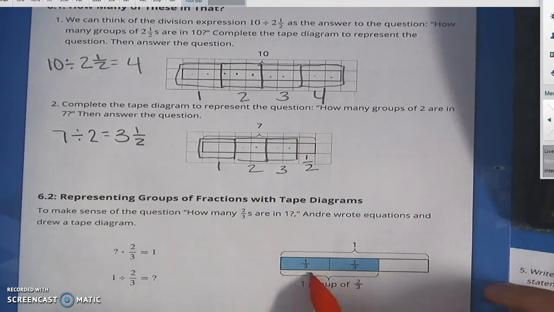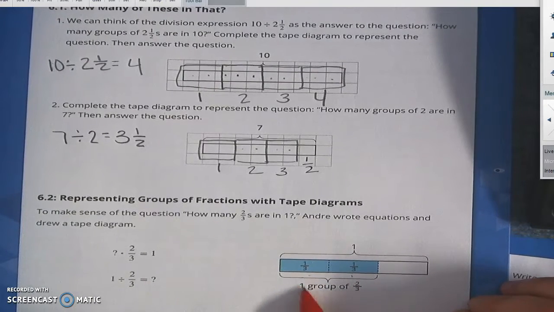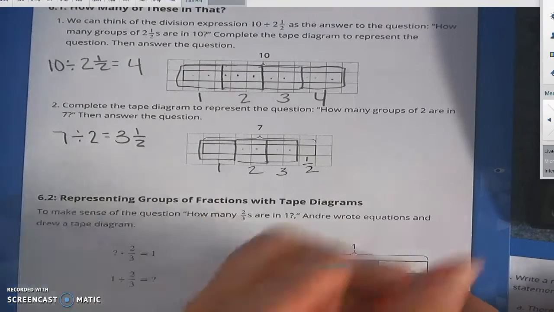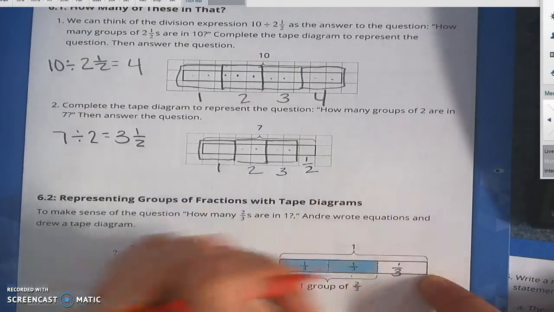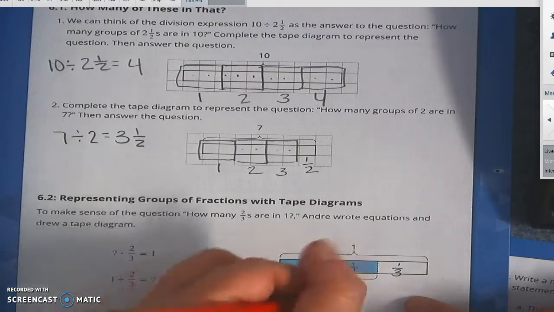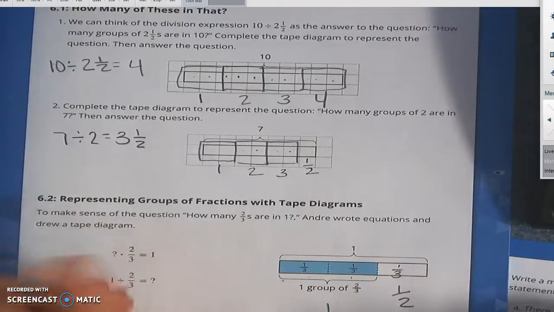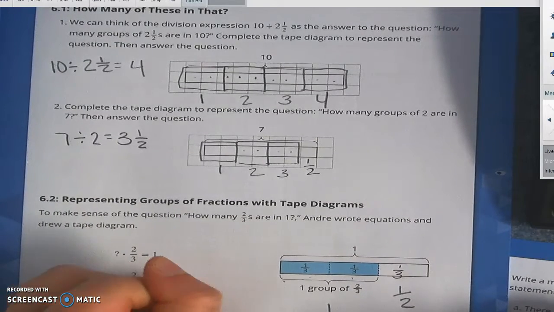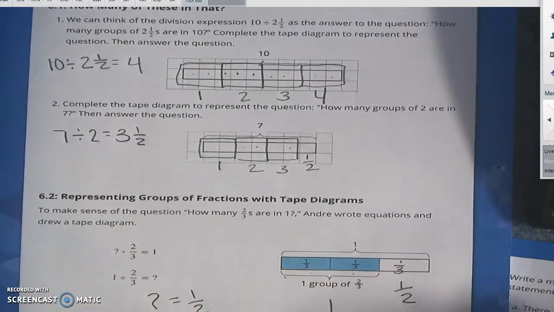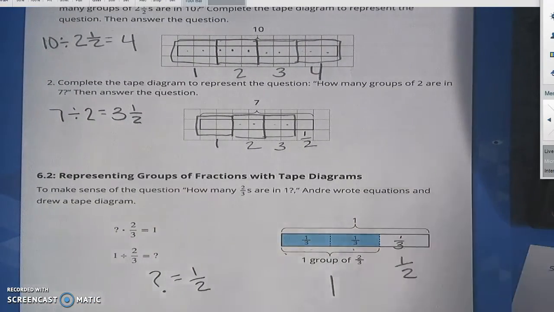So he took his 1 and split it up into 3 groups, and these were each 1/3, so he was able to make one group of 2/3, but then he only had 1/3 instead of 2/3. So this actually goes in 1 full time and 1/2 time. So this question mark equals 1/2. Okay, turn the page.